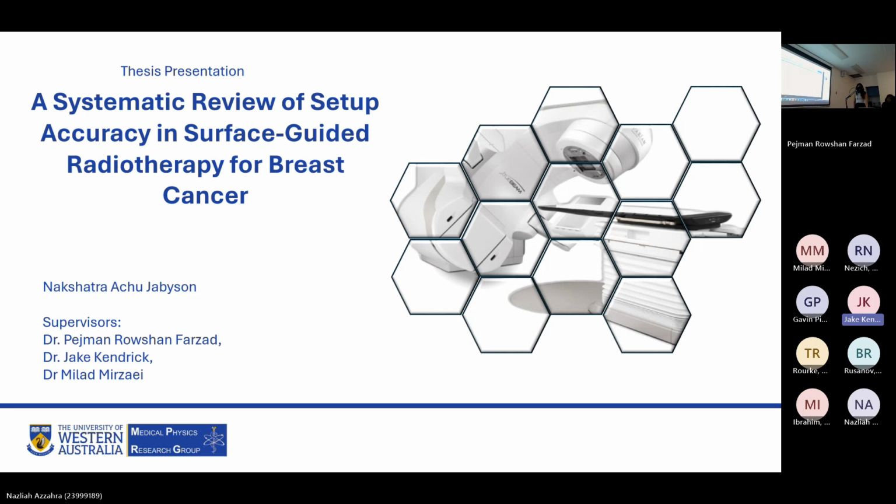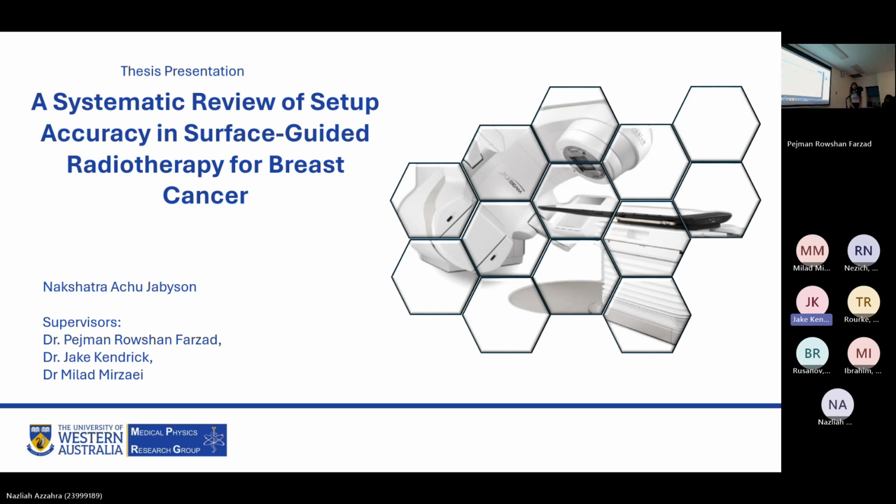Breast cancer is one of the most commonly diagnosed cancers worldwide. In Australia, the lifetime risk of getting breast cancer is 1 in 7 among women. The first step in treatment is surgery, which can either be a lumpectomy or a mastectomy.